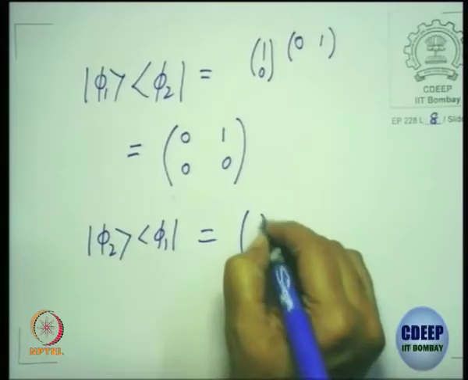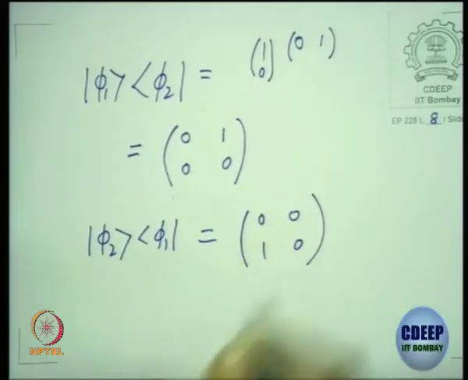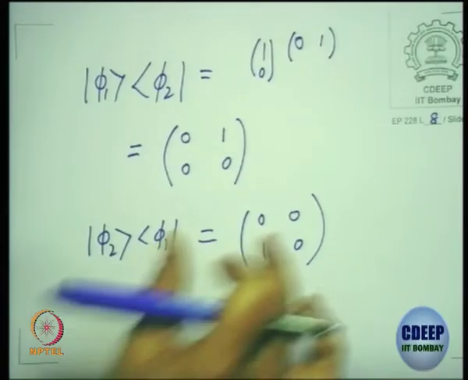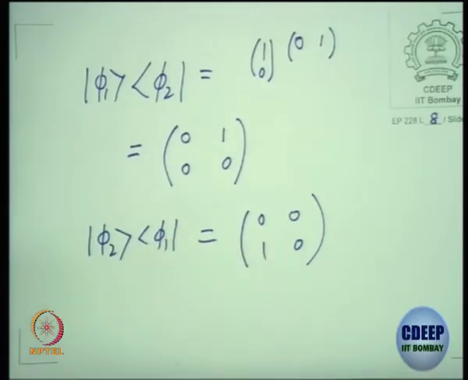0 0 1 0. So, what have I tried to do? I have tried to show that the 4 possibilities of outer product which I can write for the 2 bases in the 2-dimensional vector space can be given as 2 cross 2 matrices with only one entry which is non-zero.